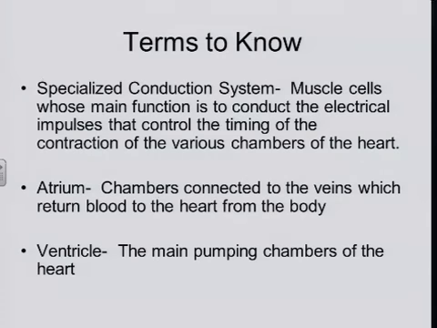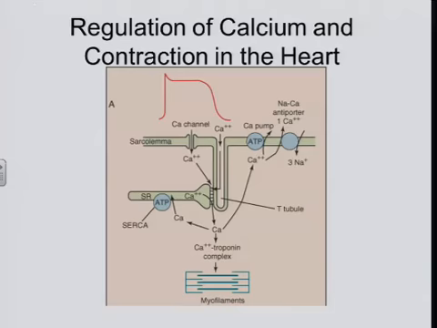And the atria are those chambers that are connected to the veins, and they return blood to the heart. They beat first, and the ventricle beats second. The ventricle is the main pump. It's where the bulk of the weight of the heart is.